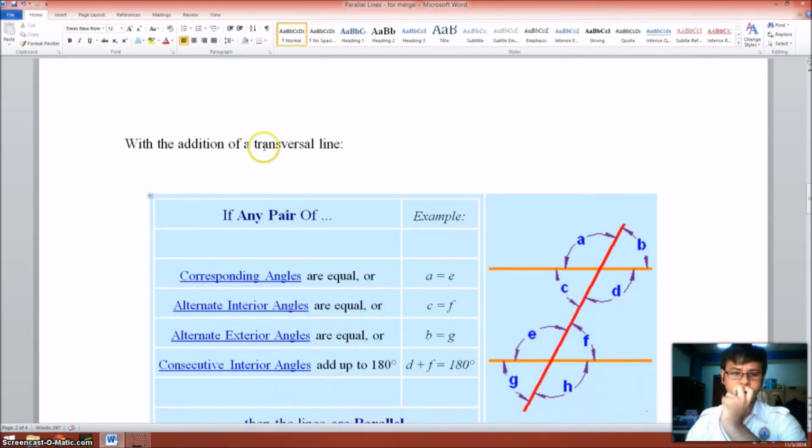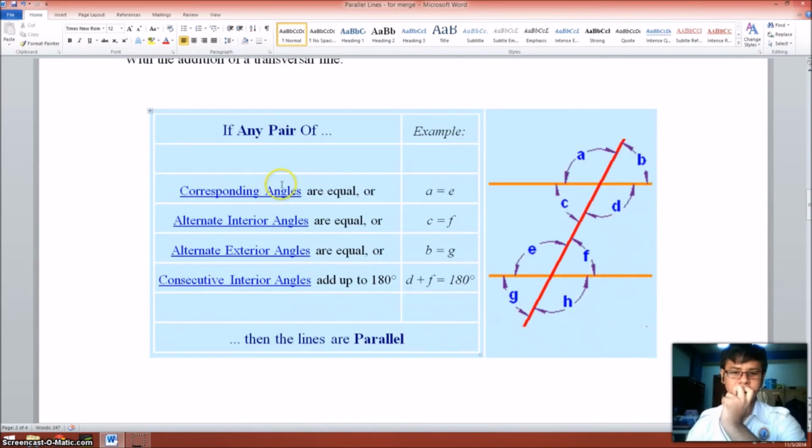With the addition of a transversal line, like in this diagram, two parallel lines exist and we add a transversal line. So in this situation, the corresponding angles are equal. Take for example, a equals e. The alternate interior angles are also equal, like this c here equals f.